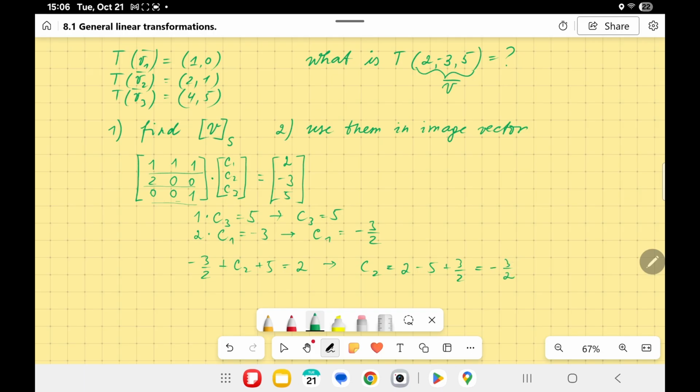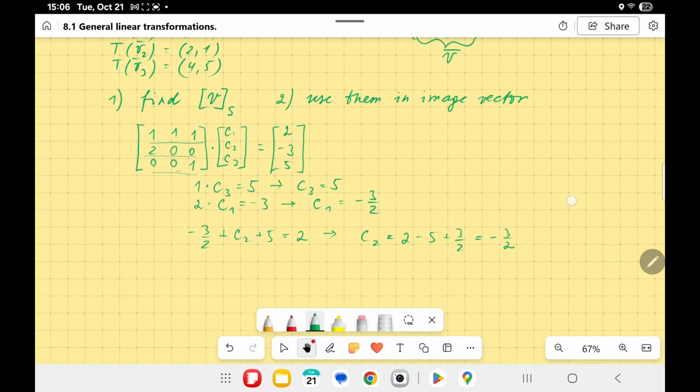Yeah, let's double check. So what are the coordinates of vector v in basis S? C1 is minus 3 over 2, C2 is also minus 3 over 2, and C3 is 5.